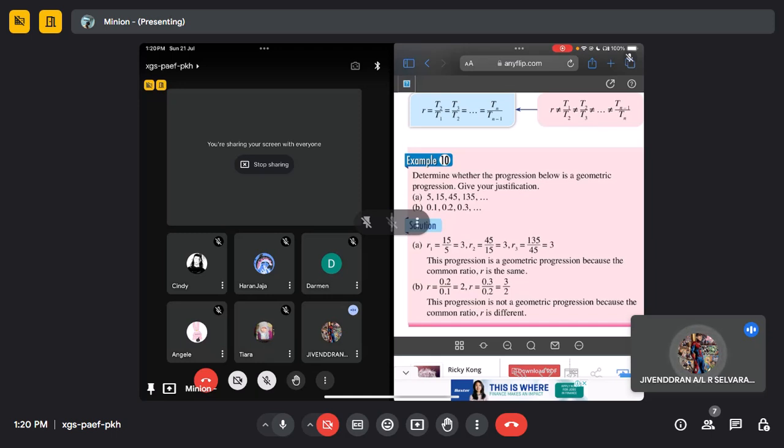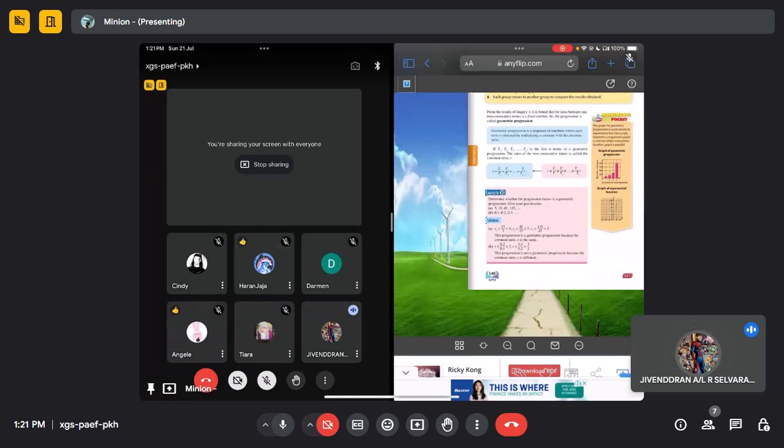So the ratios are not the same, so this progression is not a geometric progression. Understand? Okay, thank you. We can go to the next question.